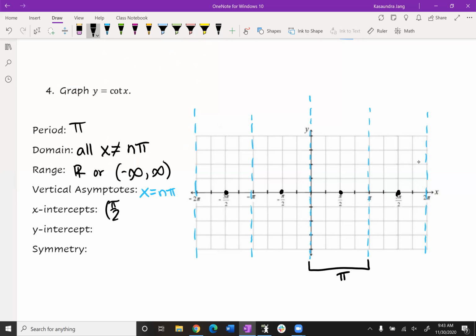See, I got a pi halves right here. And then every number of pi after it. So pi halves, and then I've got 3 pi halves. Like, see this distance of pi again? Every distance of pi, I get another x-intercept. So some n number of pi's. And then the y value is 0 every time.